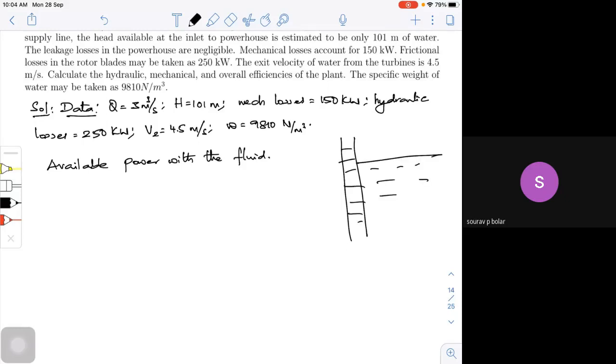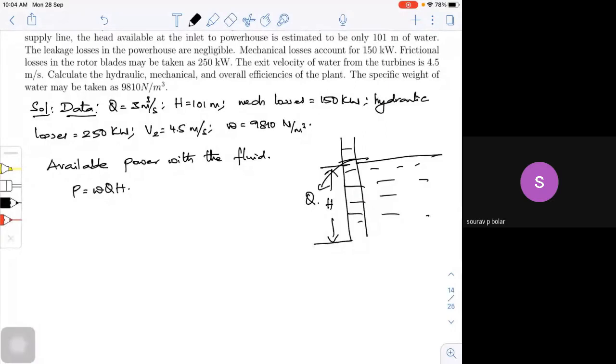This is having certain head, and I will allow the fluid to flow with some discharge Q. So the available power usually is calculated based on its specific weight, that is omega Q and H. So omega QH is what is available. That is the energy available or the power available when I try to store it.